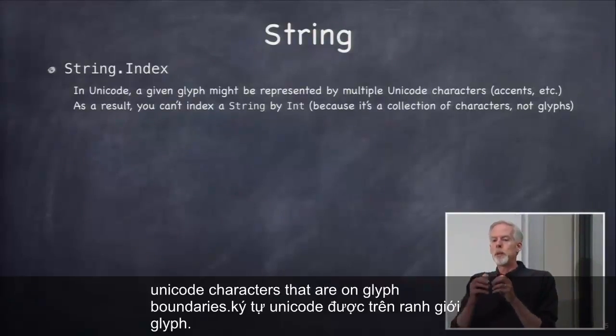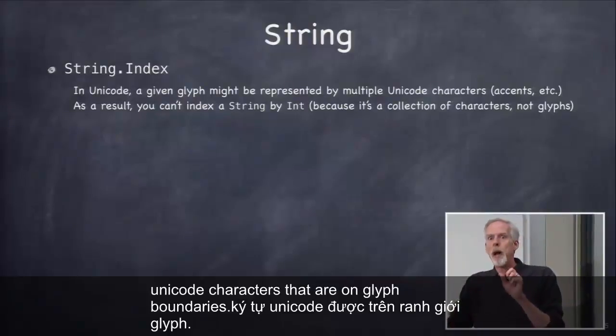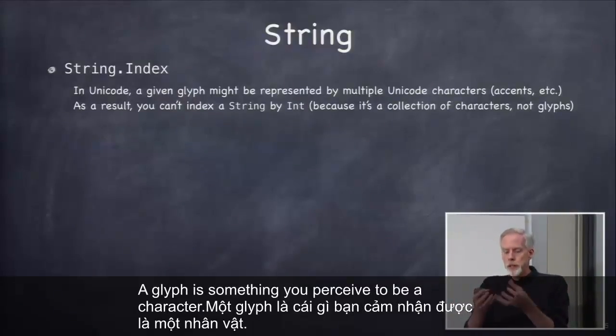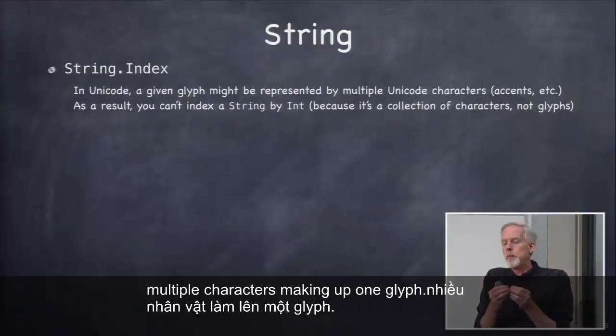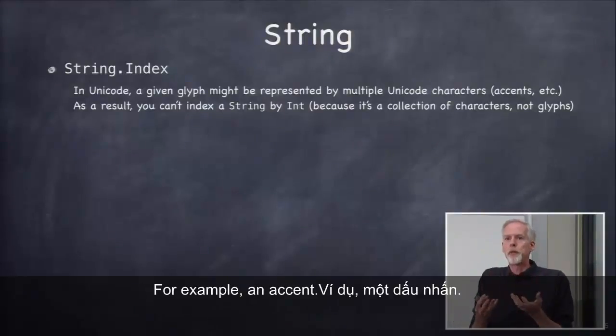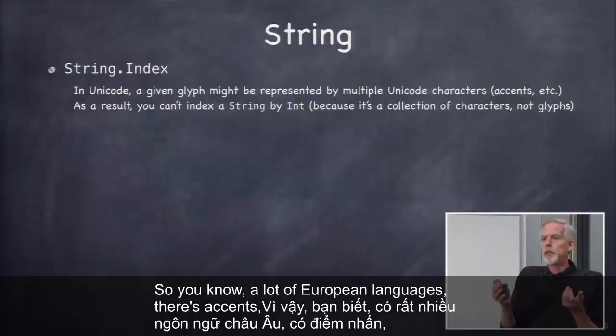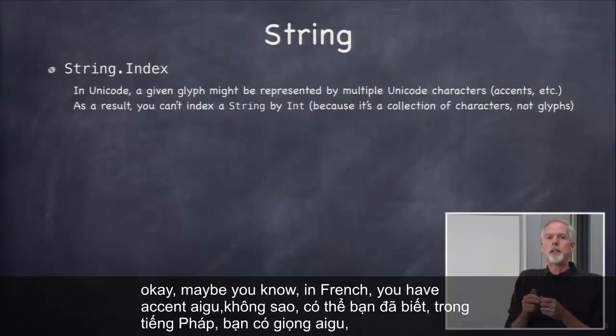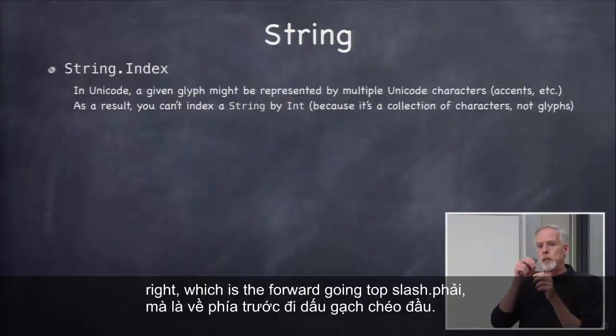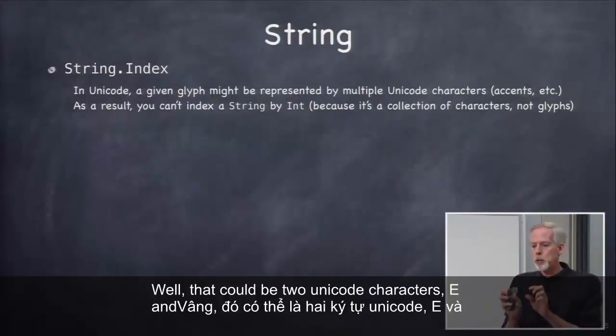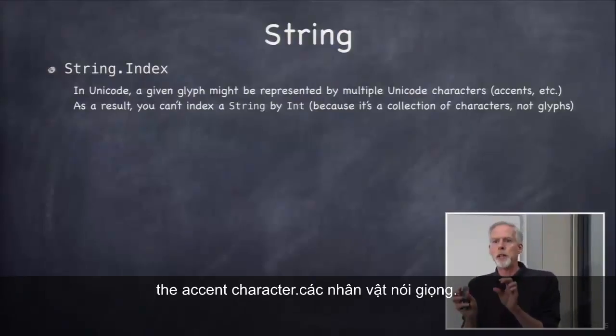You want a substring of Unicode characters that are on glyph boundaries. A glyph is something you perceive to be a character. But in Unicode, it could be multiple characters making up one glyph. For example, an accent. A lot of European languages have accents. Maybe in French you have accent aigu, which is the forward-going top slash. Well, that could be two Unicode characters, E and the accent character.